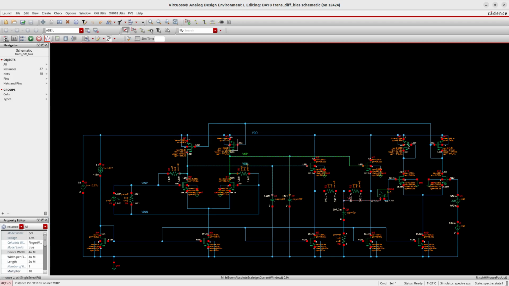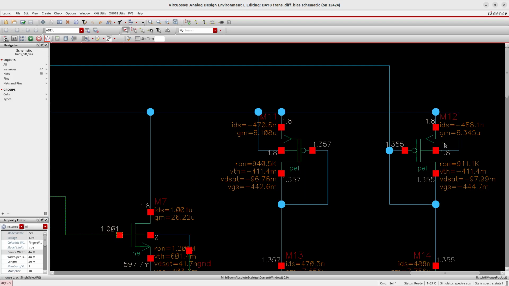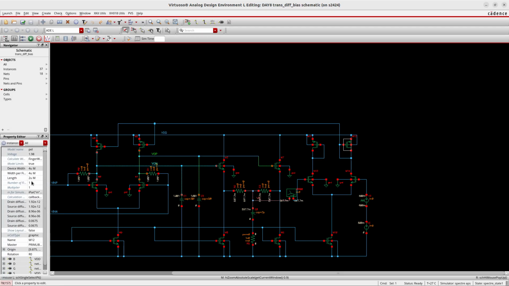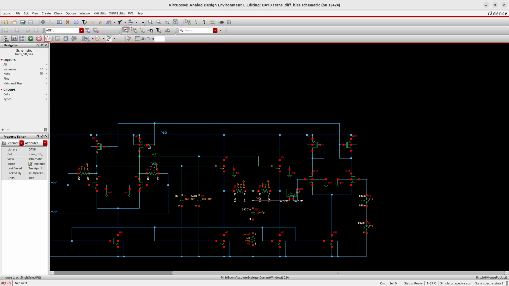So there is a 10-to-1 ratio between these two transistors, so I keep the lengths the same. The lengths were 2 micrometer, and then I just use a multiplier by 10. So it is very important this.